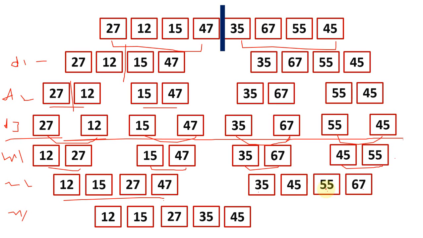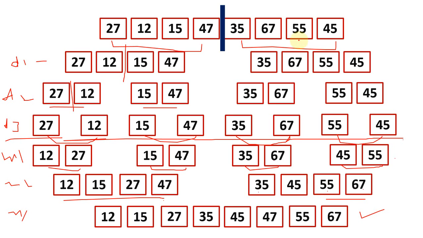As 47 is less than 55, 47 will occupy the place. Now all elements from the first list have been placed, but 2 elements are still remaining. Here we need not compare 55 and 67, they are already sorted and merged. So if any one list is exhausted, directly place the remaining elements. Directly 55 will come and 67.